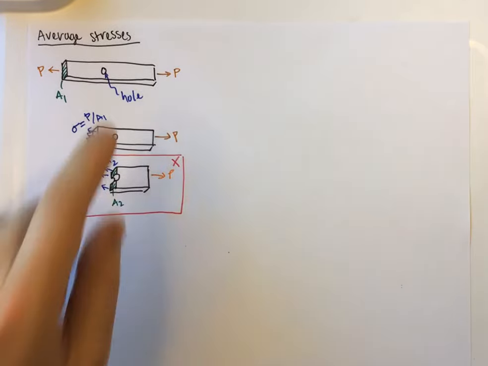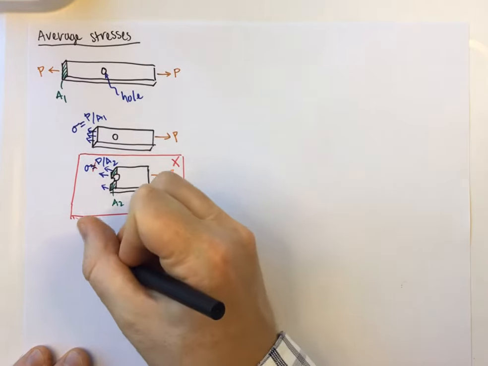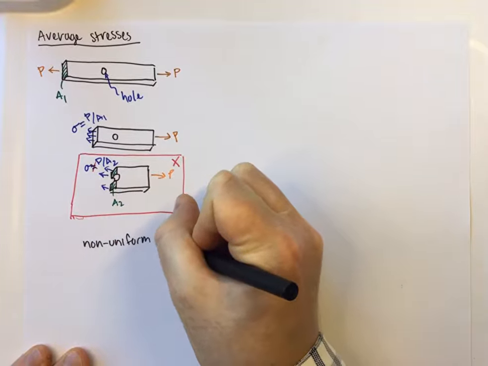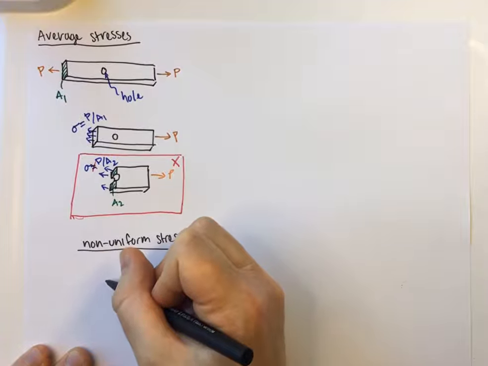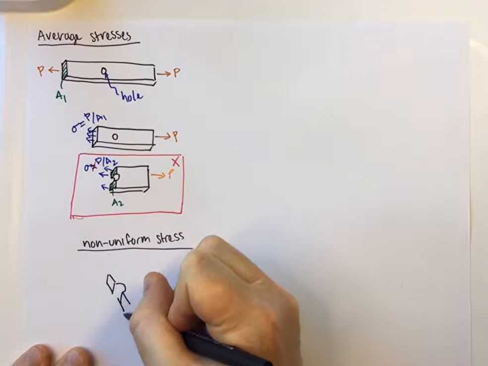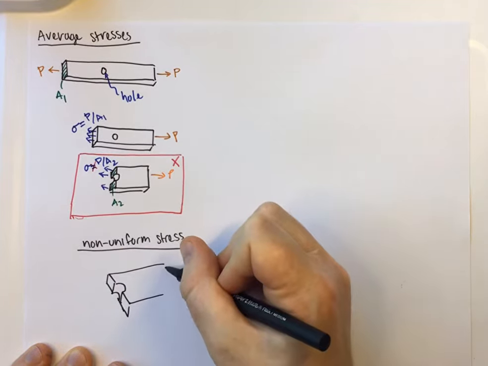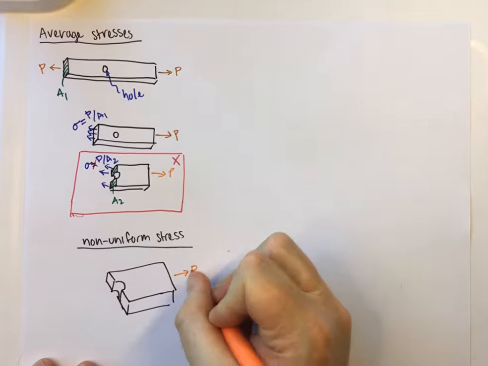We have this disturbance of the hole. And as it turns out, that disturbance causes a quite complicated stress picture. So right around that hole, we end up having a non-uniform stress. And so what this ends up looking like, if I can draw this picture a little bit better, what the stress actually looks like here, we have P going that way.